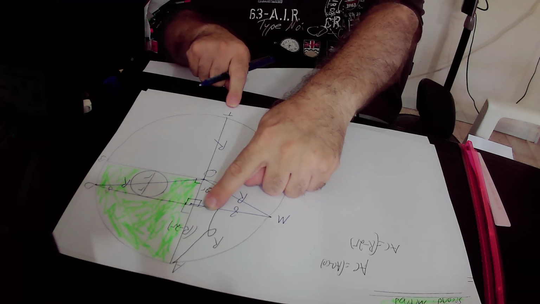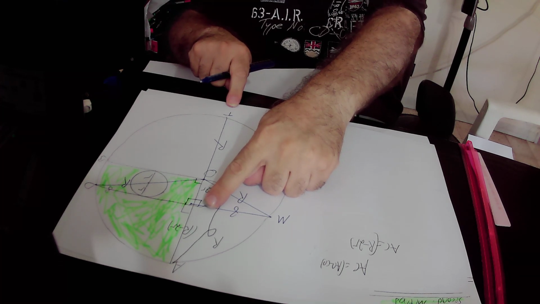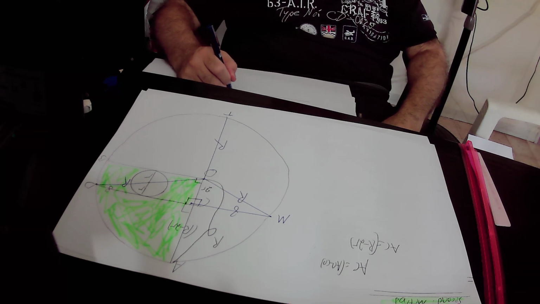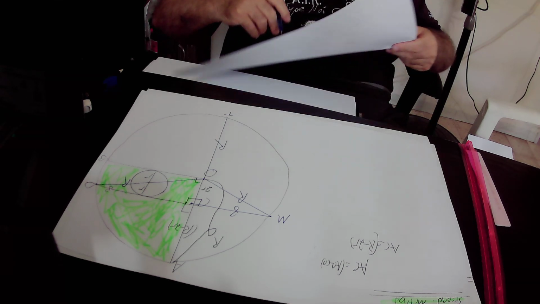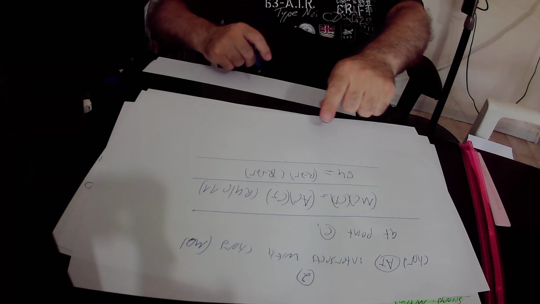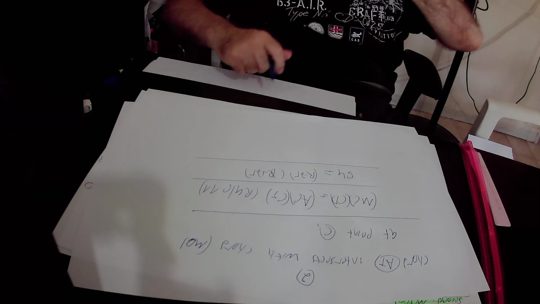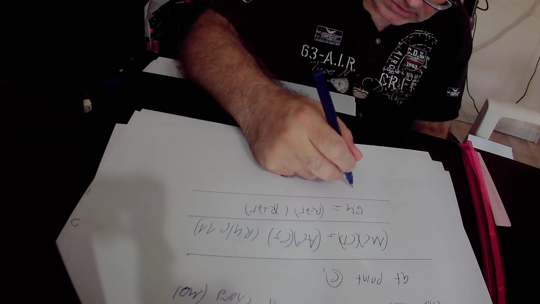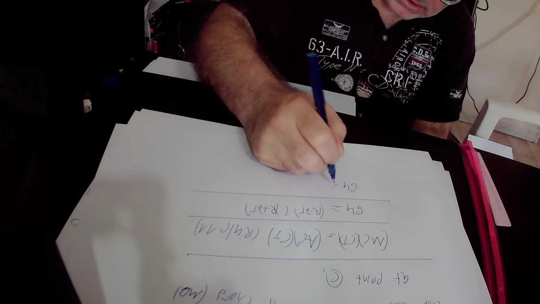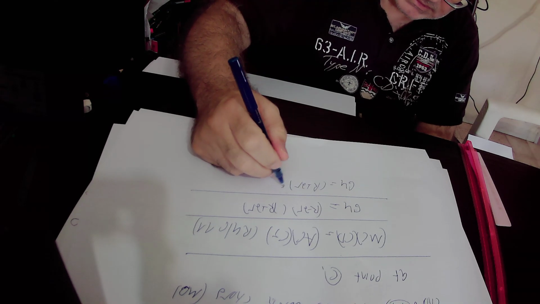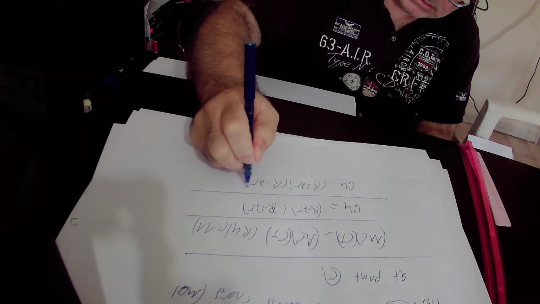CT equals to 2R plus capital R. So we found out that according to rule number 11, 64 equals to capital R minus 2R times capital R plus 2R.